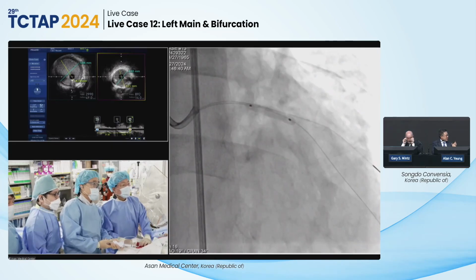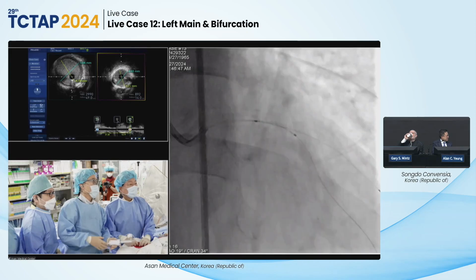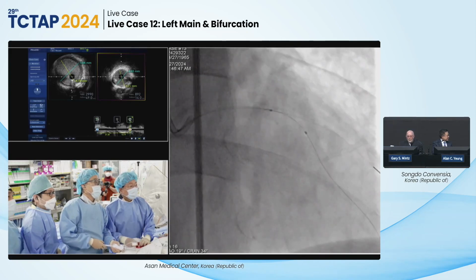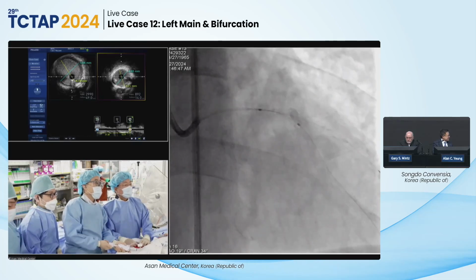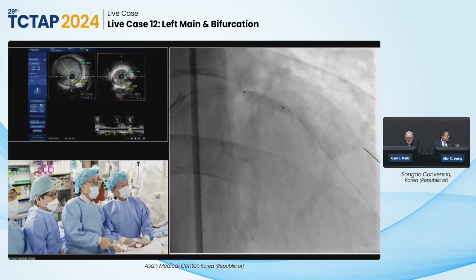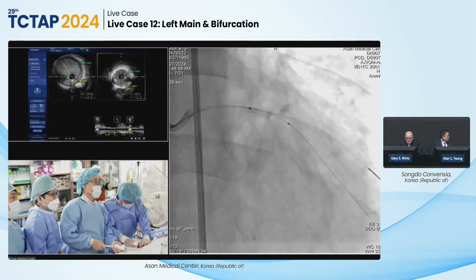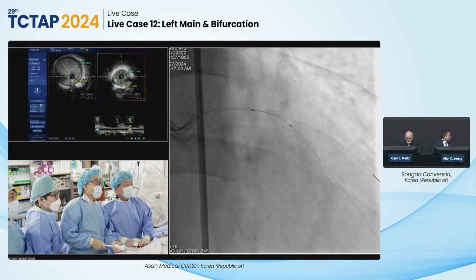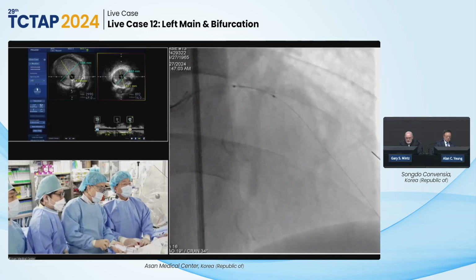Because if you get an FFR of 0.94 after stenting of the left main and the LAD, then whatever happens in the LAD and the diagonal should be greater than 0.8, right? Because if you cannot get the stent in the left main LAD to give better than 0.94, you might end up with a problem distally.